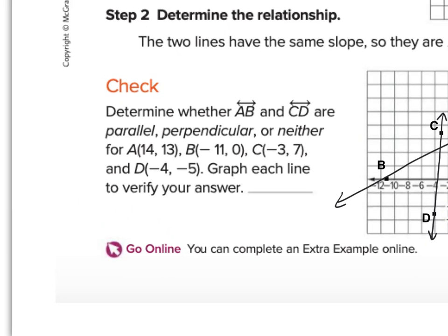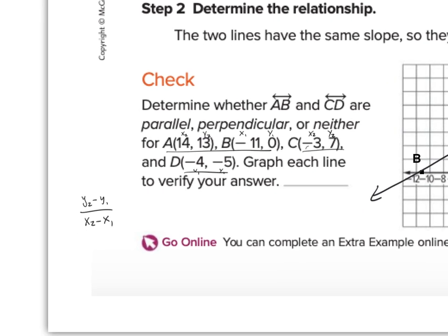So I'm going to verify AB, then I'm going to verify CD, using my slope formula: y2 minus y1 over x2 minus x1.